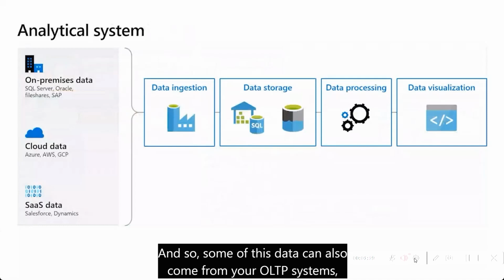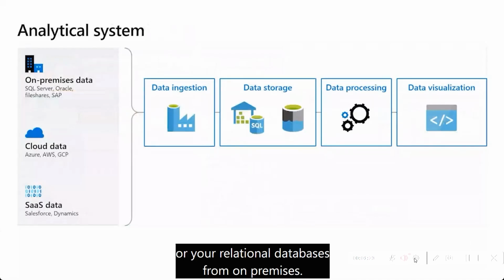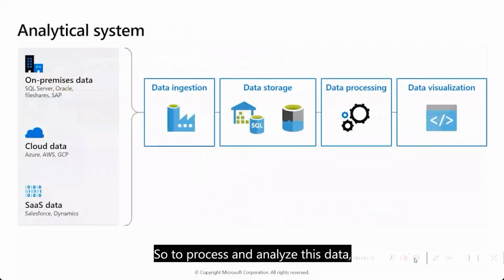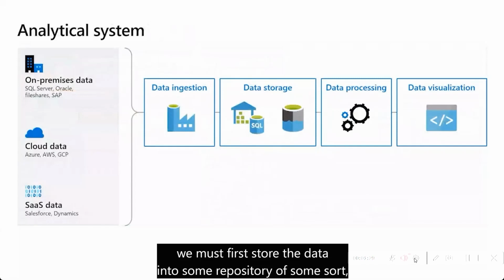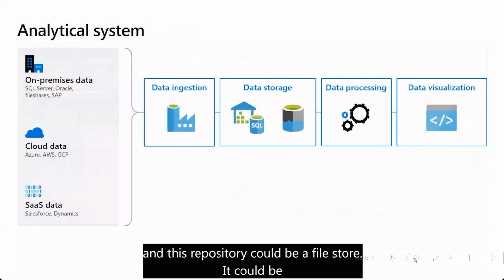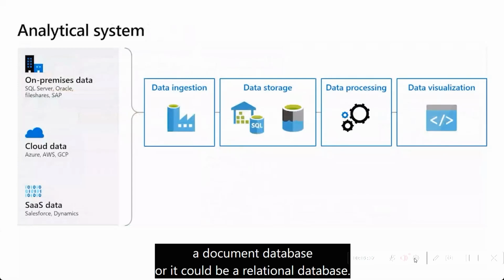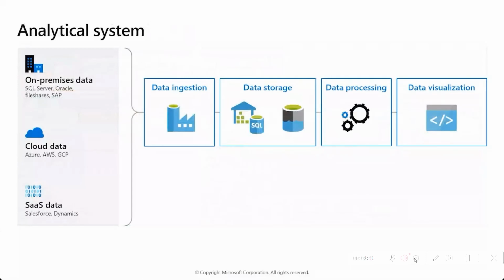Some of this data can also come from your OLTP systems or your relational databases on-premises. To process and analyze this data, we must first store it in some repository. This repository could be a file store, a document database, or a relational database.